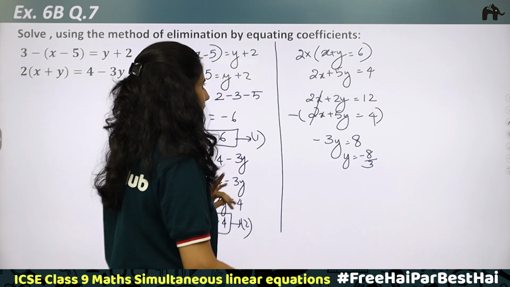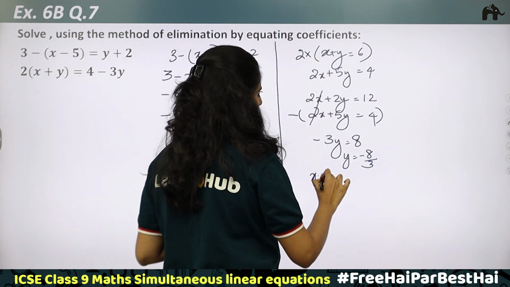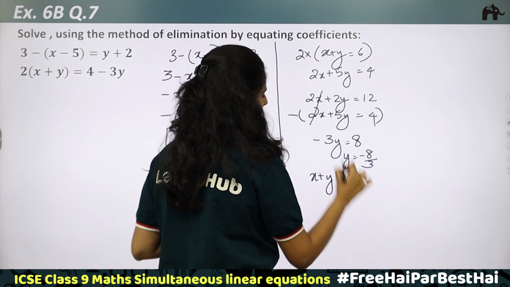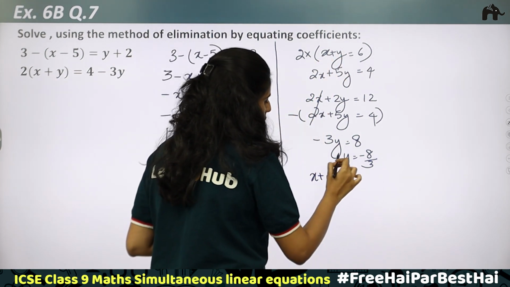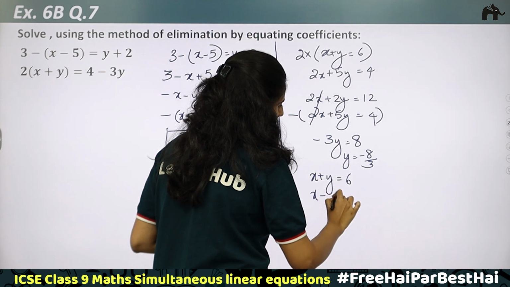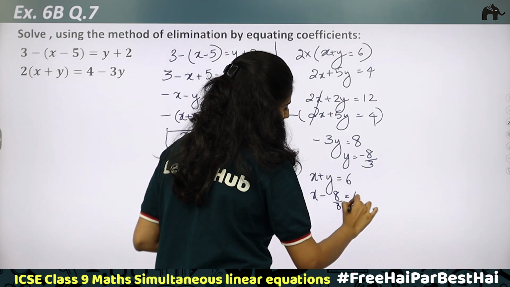Now to find x, we have the first equation, x plus y is equal to 6. Check both the equations, whichever is easier, you can take that equation. Okay, substitute the value of y: x minus 8 by 3 is equal to 6.